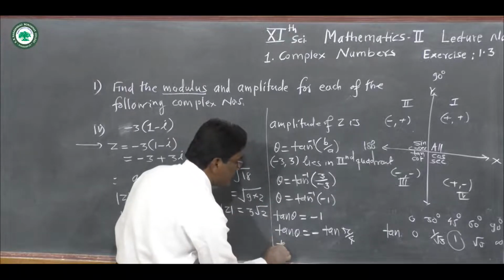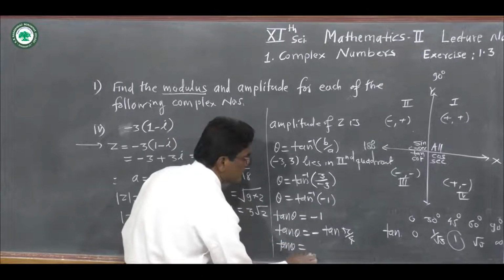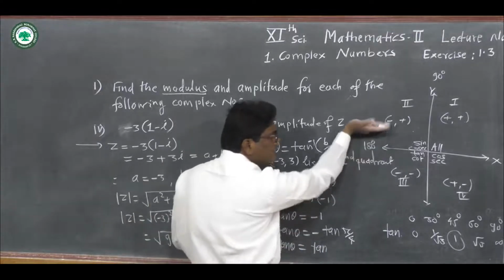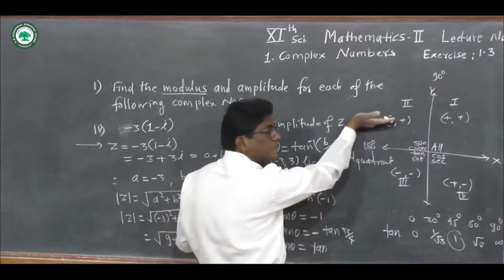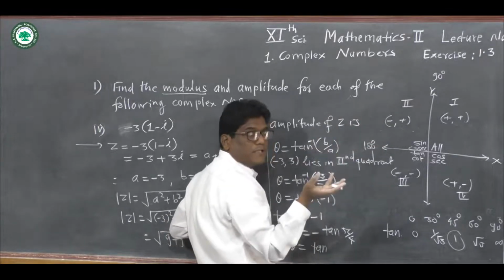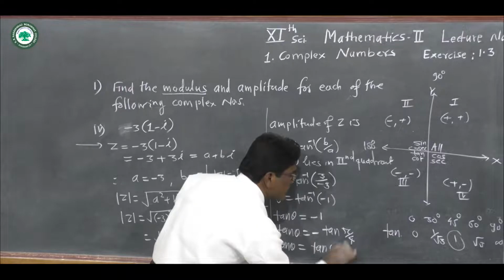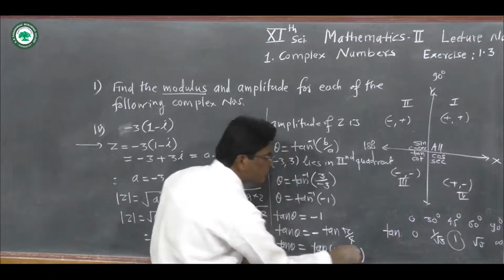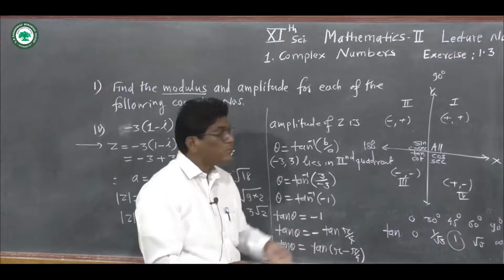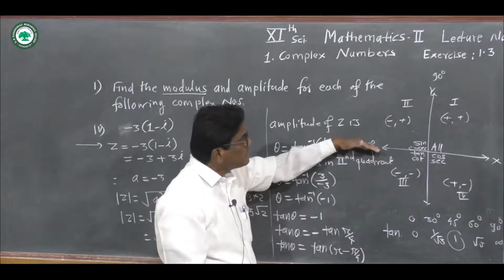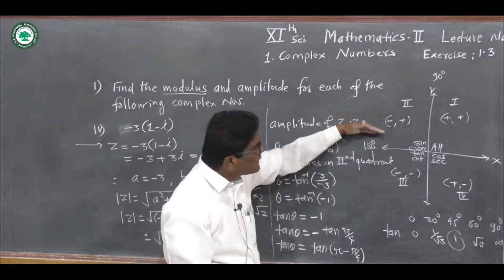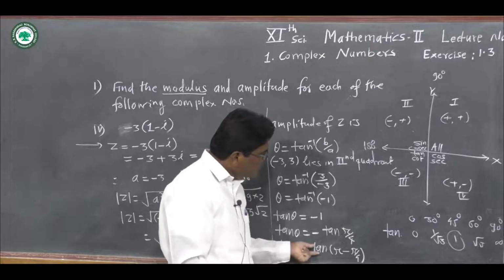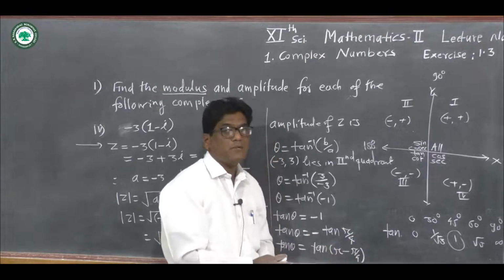It is less than 180, and 180 means pi. So tan of pi minus this angle pi by 4. It is less than 180, but by how much? Here it is pi by 4. So tan theta is equal to tan of pi minus pi by 4.